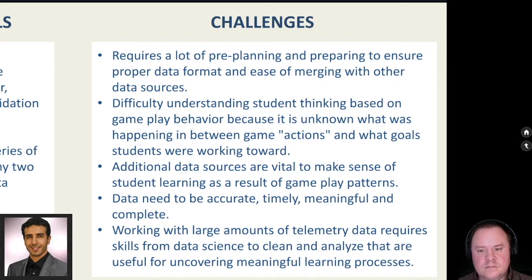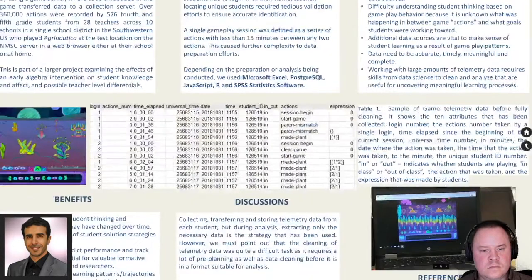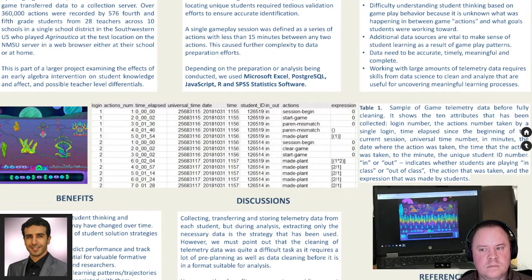And as you can see in the table, for the raw data, we have about 10 attributes that have been collected, like the login name, the action number taken by a single login, and the time elapsed, which we can have since the beginning of the current session, as well as the important unique student ID number.